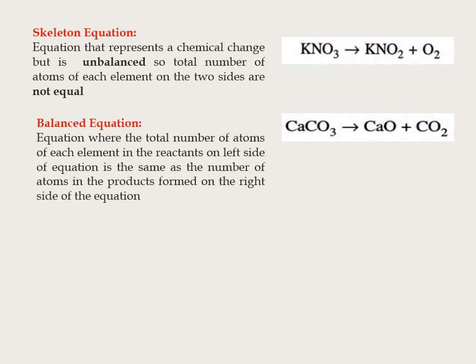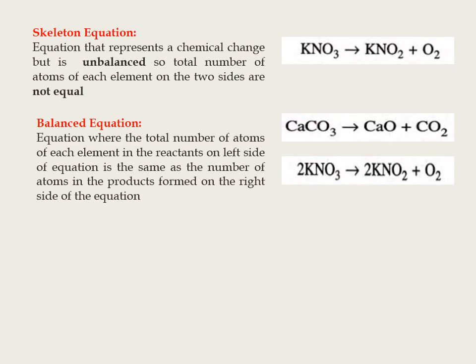That is, the equation is balanced. Let's see another example. KNO3 gives KNO2 plus O2. In this equation, since the number of atoms of oxygen on both sides is not the same, the equation is not balanced. So the balanced form of the equation is 2KNO3 gives 2KNO2 plus O2.